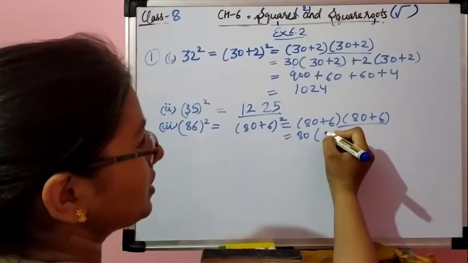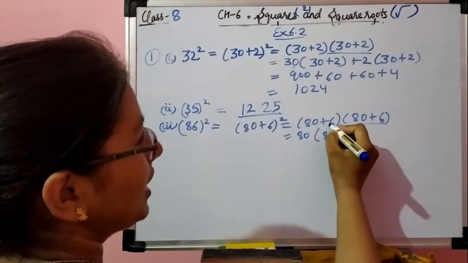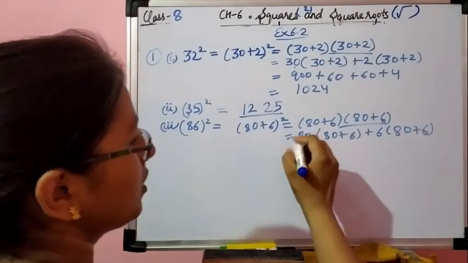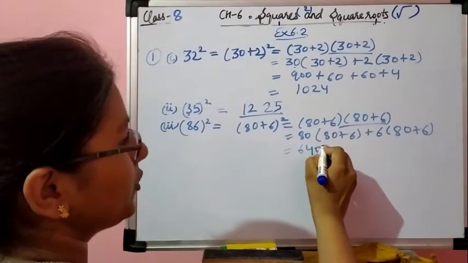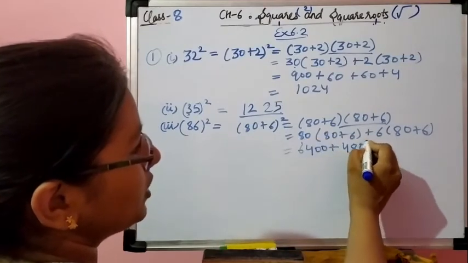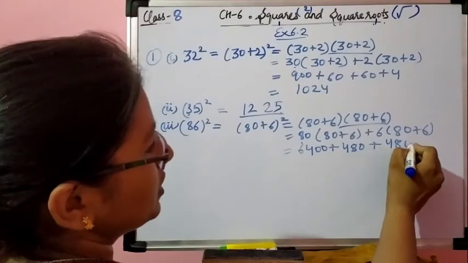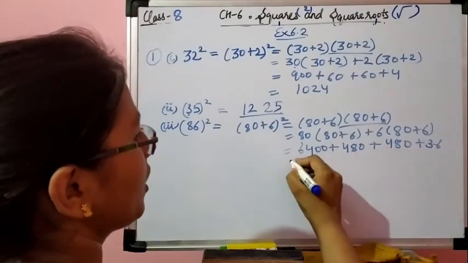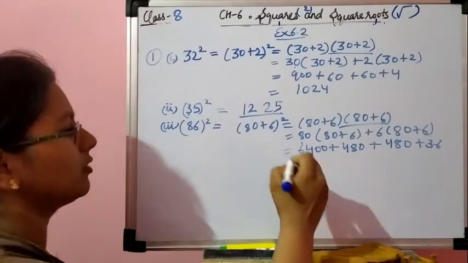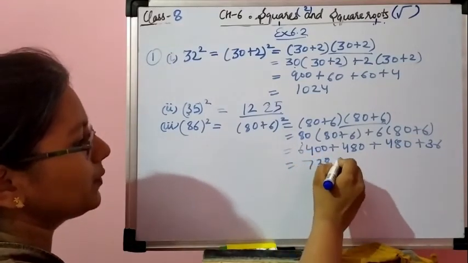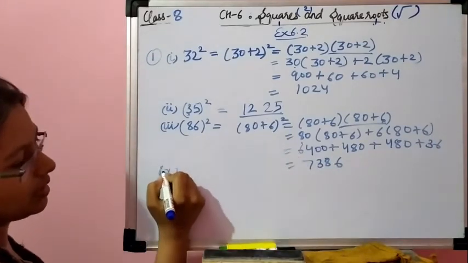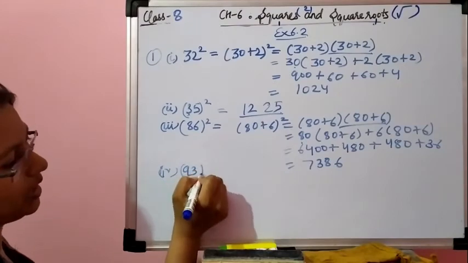This bracket is fixed, and then I will take 6, then again the fixed bracket. 80 80 is 6400, 86 are 6 8s are 48, and 1 0 will come. Similarly, and then 36. Now simply addition you have to do, and the answer for addition will be 7386.